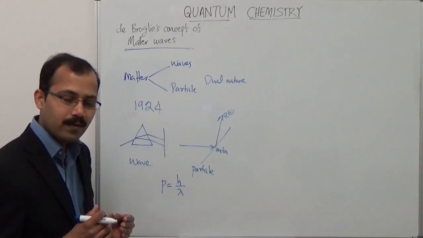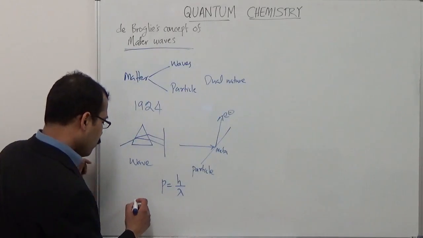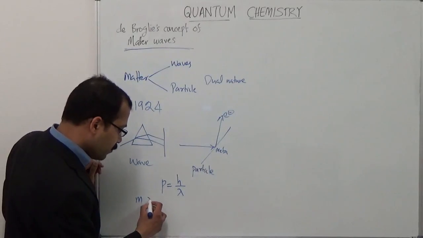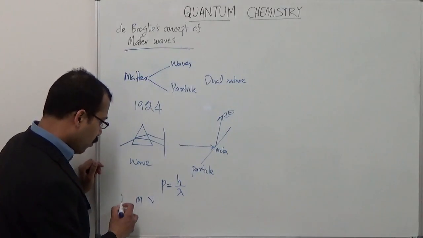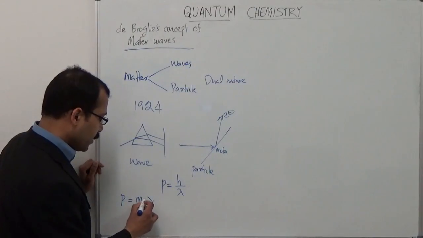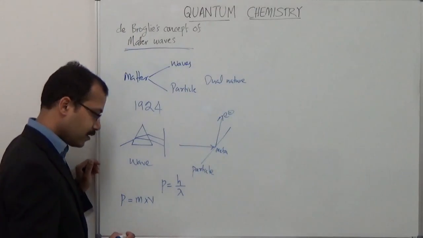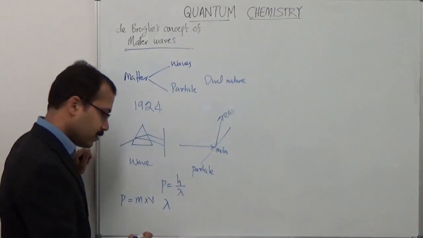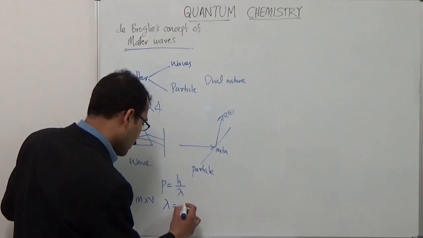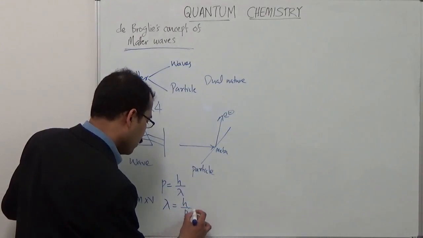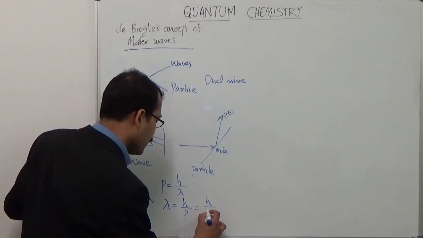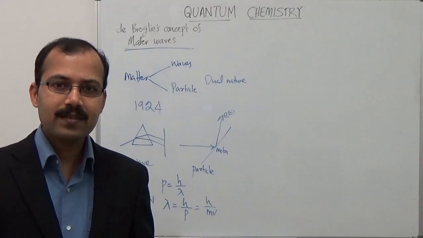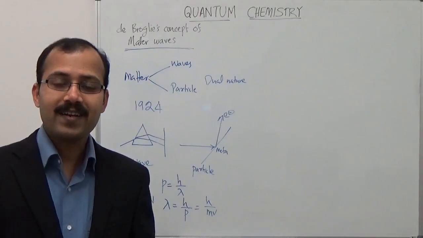For example, if the mass of a body is m and it travels with a velocity v, then its momentum is equal to m times v. In that case, the wavelength associated with this matter, lambda, is equal to h divided by p, or lambda is equal to h divided by mv. So matter has both wave nature and particle nature.